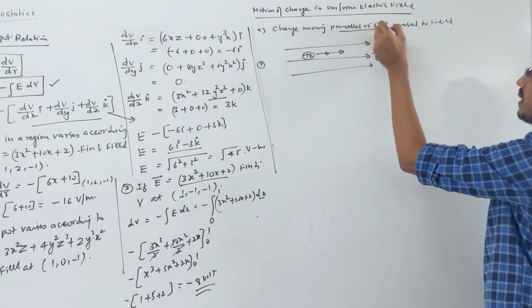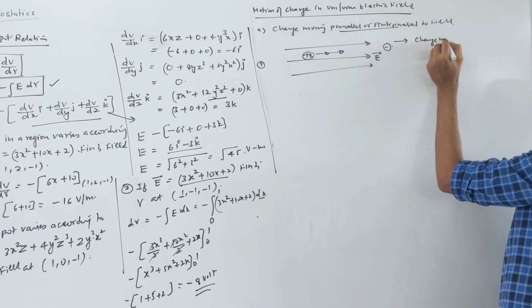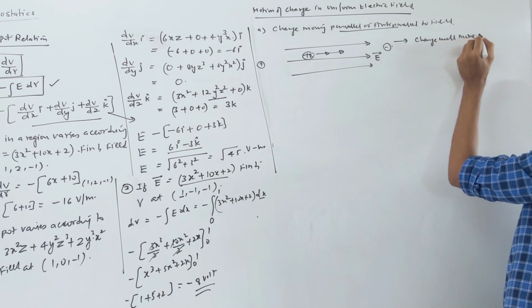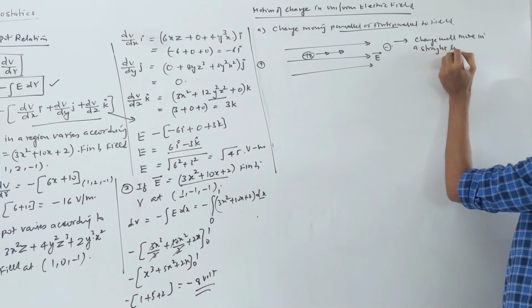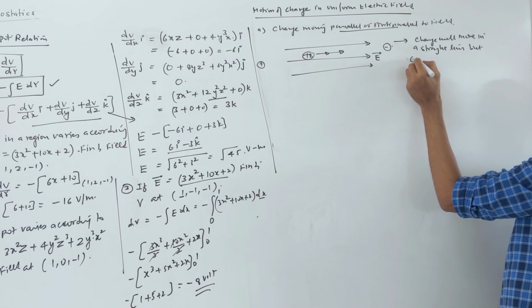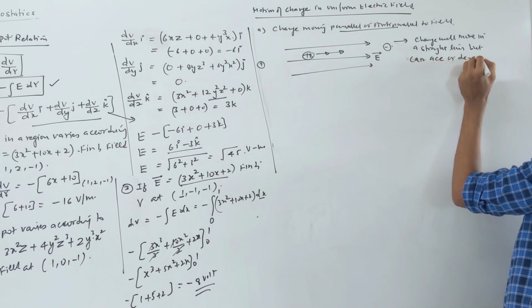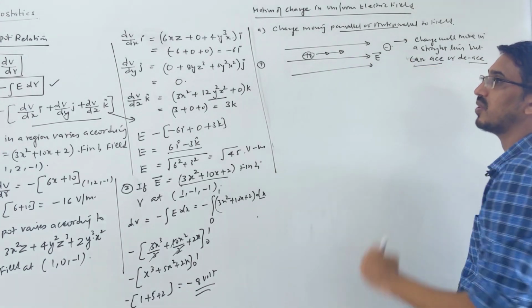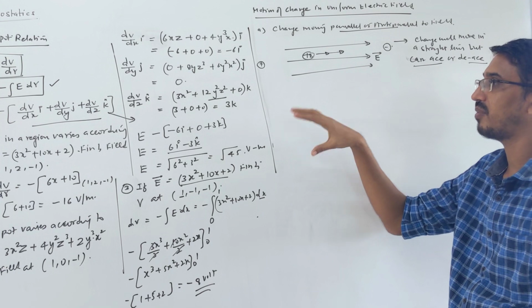Charge moving parallel or anti-parallel, so you say the charge will move in a straight line. Yes, it will move in a straight line, but its velocity can accelerate or decelerate. Either its velocity will increase or decrease, and a lot of questions like this we have done in magnetism, for electric field and magnetic field both.